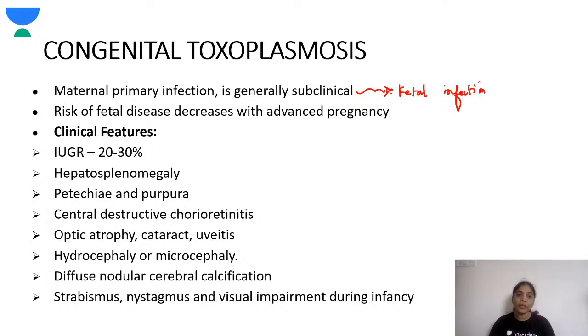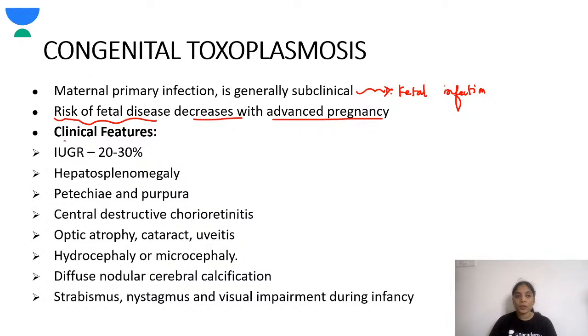Now, the transmission of this disease increases with advancing gestational stage, but the risk of fetal disease decreases with advancing stage. If the fetus gets the infection in the first trimester, the seriousness of the fetal disease is more than in the third trimester.